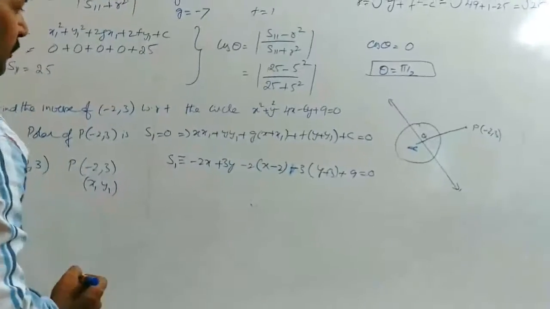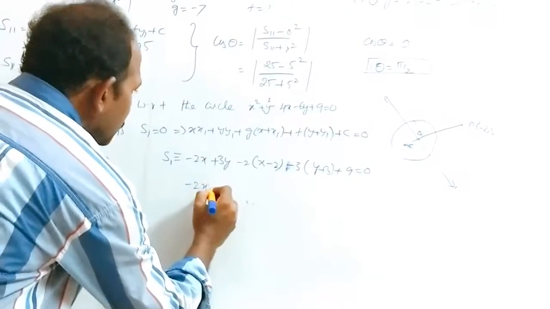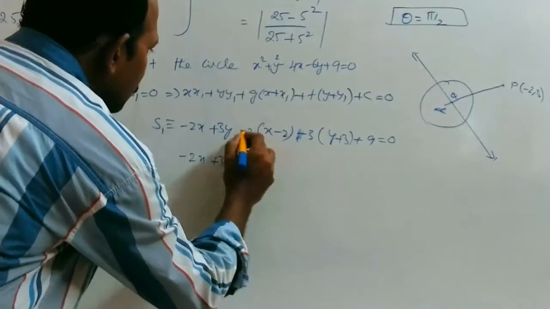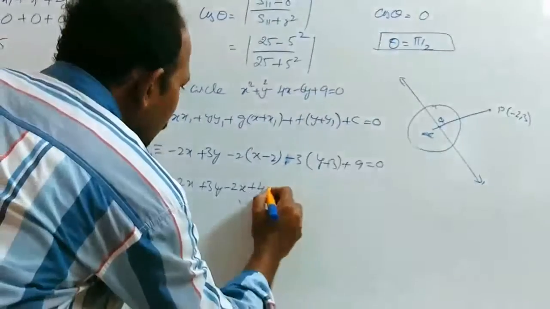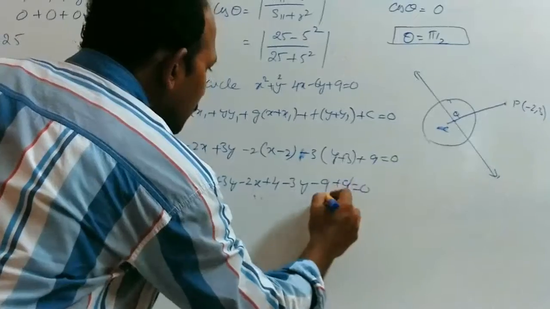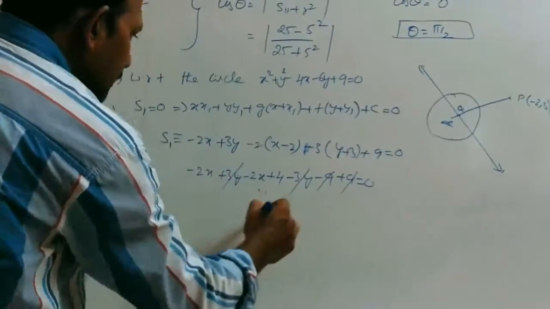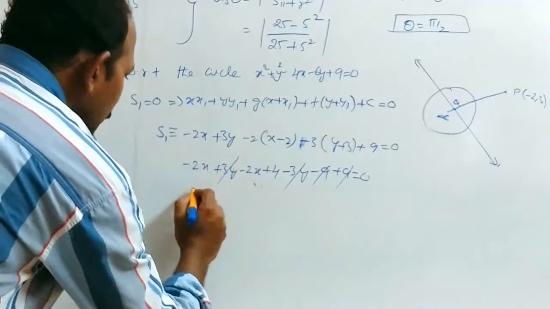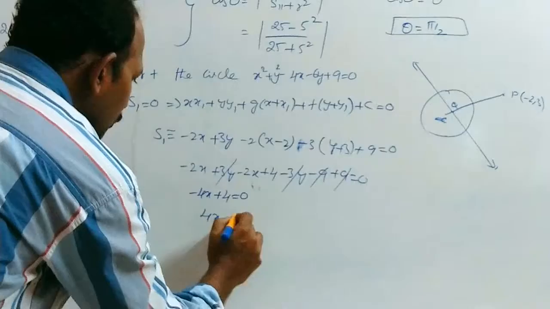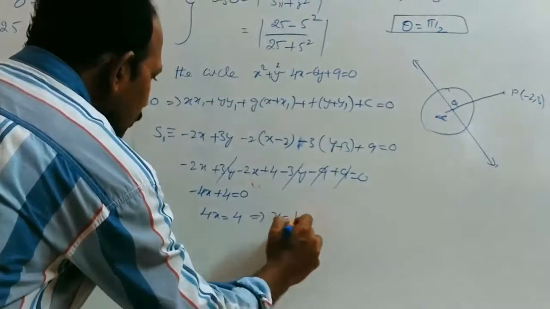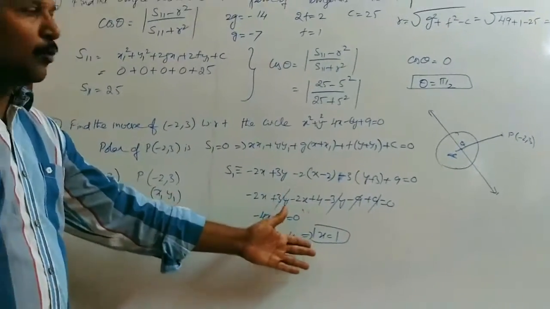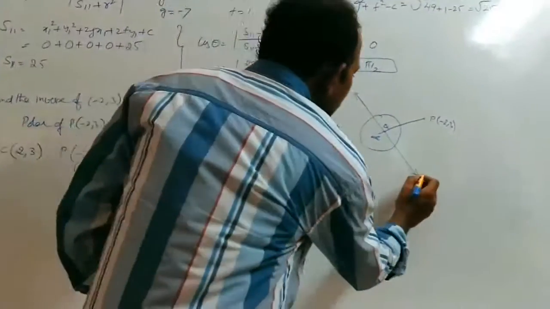Now let us simplify: −2x + 3y − 2x + 4 − 3y − 9 + 9 = 0. The +9 and −9 cancel, the +3y and −3y cancel, then −2x − 2x is −4x, plus 4 equals 0. Therefore 4x = 4, which implies x = 1, the equation of the polar.